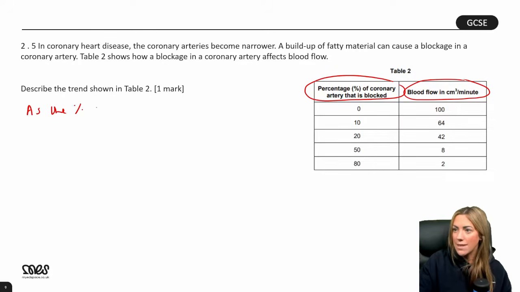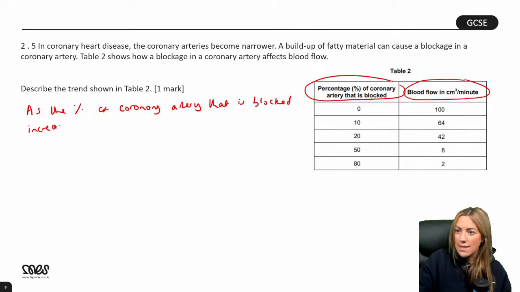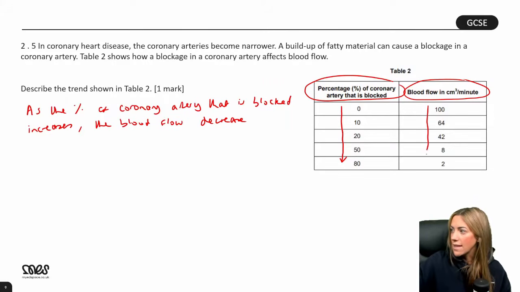As the percentage of coronary artery that is blocked increases, because I can see that's increasing here, the blood flow decreases, which I can see here.